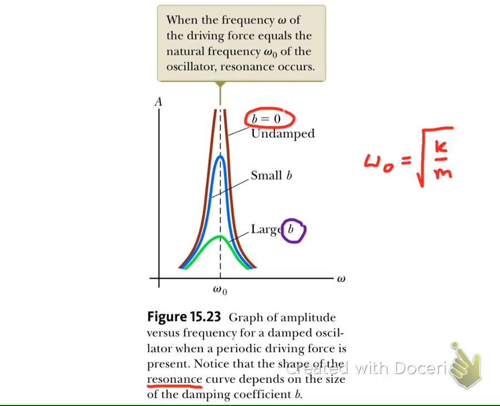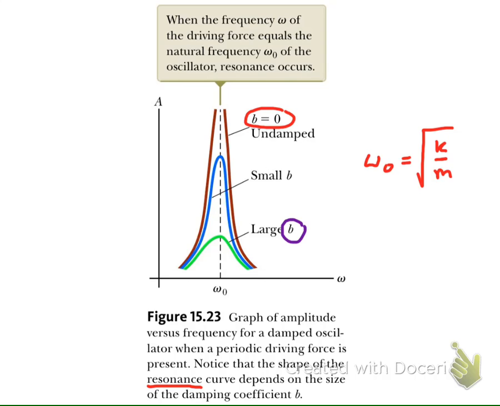This is also the reason why we call omega 0 the natural frequency, because it gives you the value at which you can put energy into the system at the maximum rate.